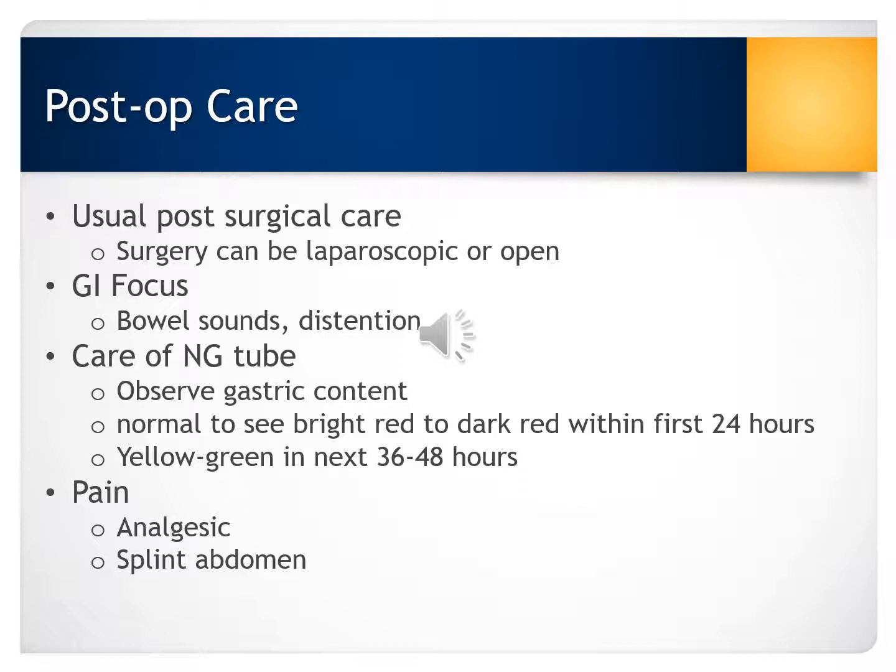You'll be recording intake and output. You'll be managing pain. It is likely that the patient will have an NG tube, so you will need to care for the NG tube. You will need to make sure that there is proper suction. You'll be monitoring the intake and output, and you'll be maintaining IV therapy.